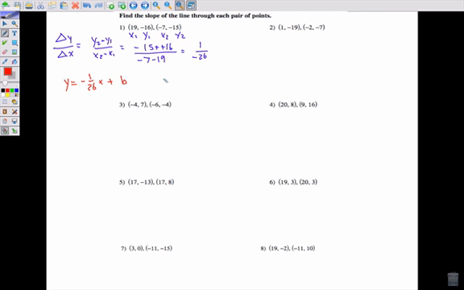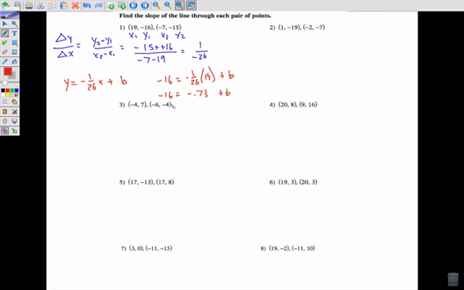I'm going to put the negative 16 in for y and the 19 in for x, plus b. Negative 1/26 as a decimal is about 0.0385, so I multiply that by 19 and get negative 16 equals negative 0.73, we'll round it, plus b.